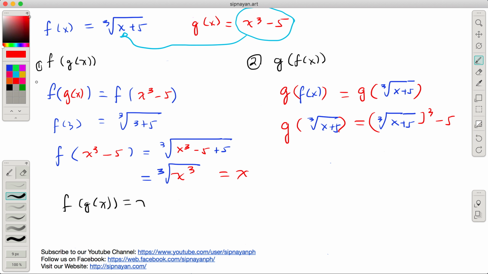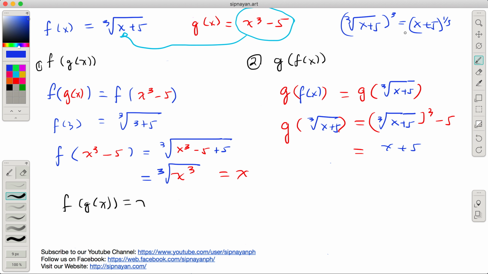And this is equal to, what is cube root of x plus 5 cubed? Is just x plus 5, no? This is just x plus 5. Di ba raised to the 1/3 yung cube root? So, ang cube root of x plus 5 raised to the third power, is this the same as x plus 5 to the 1/3, no?